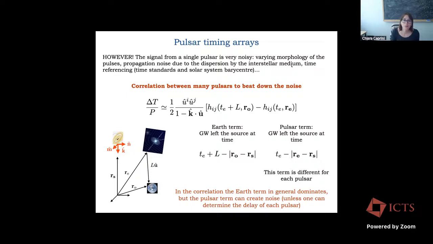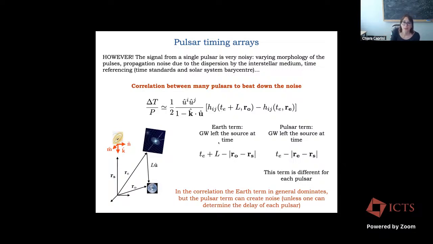Now, what happens here when one supposes that one observed this quantity for many pulsars. In general, the best way to pick up the signal is to focus on the Earth term, because the Earth term is always correlated, is always the same.